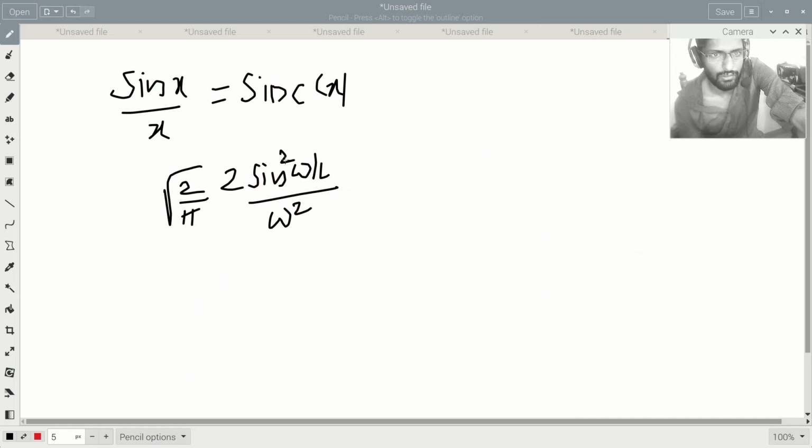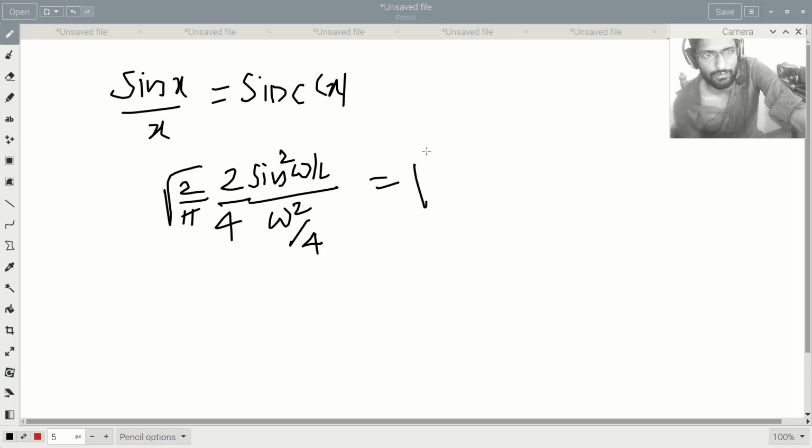So we know sin x by x the whole square. What is missing? If we have a 4 here, then that will be equal to the sinc function. So we put a 4 in the denominator of omega square, and in order not to change the value, we put a 4 in the numerator.